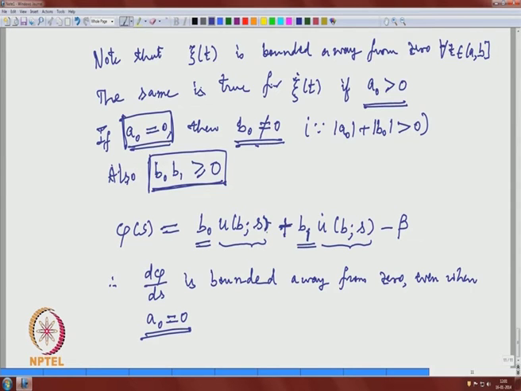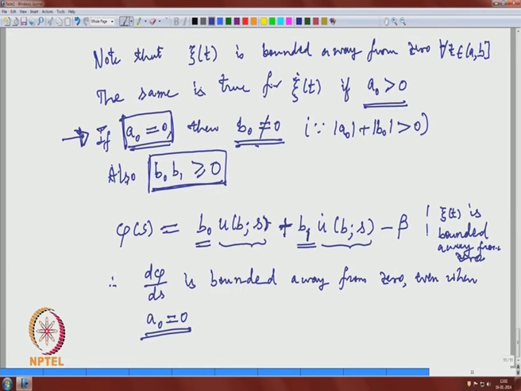When I take the derivative, I already know that J is bounded away from 0. The only problem with respect to j dot is now taken care of by this additional hypothesis. So, remember this is an additional hypothesis.